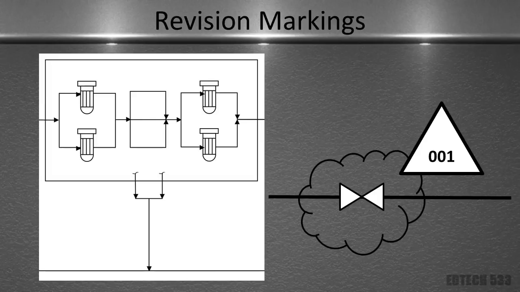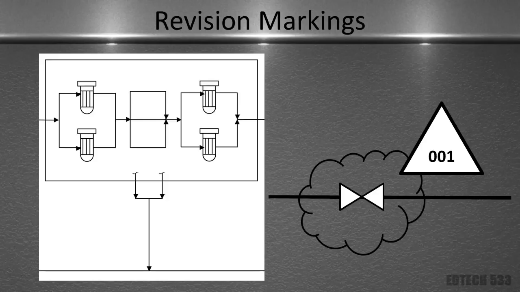The cloud represents the area that changes were made in. Next to that cloud, I'm going to put a revision marker. That revision marker is a triangle, and in that revision marker, I'm going to put the revision number. Now, I'm only going to see the current revision's clouds.